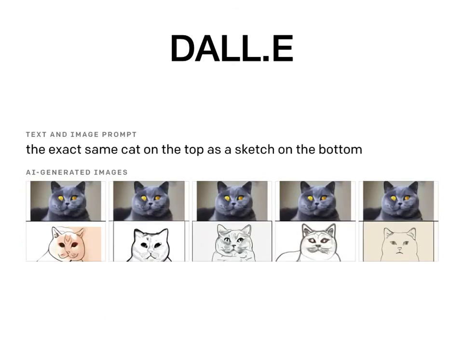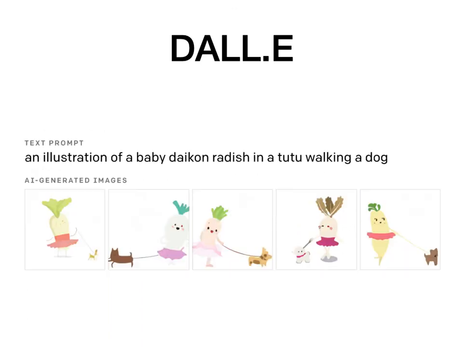The exact same cat on the top as a sketch on the bottom. Here's a cat. Here's a sketch of that cat. And they're all a little different too, right? It takes a slightly different approach every time. How about this one? An illustration of a baby daikon radish in a tutu walking a dog. That kind of blows me away.